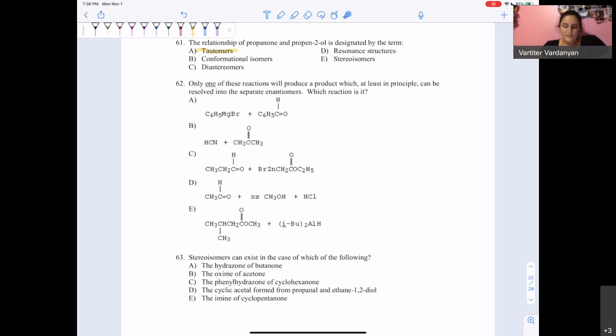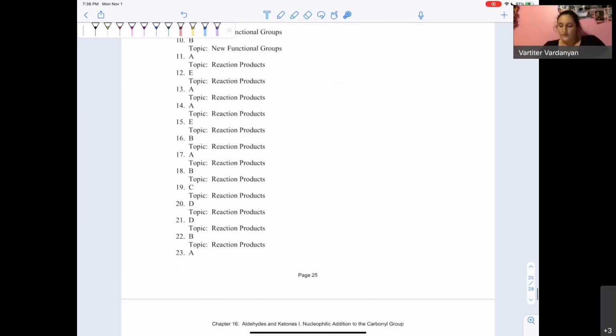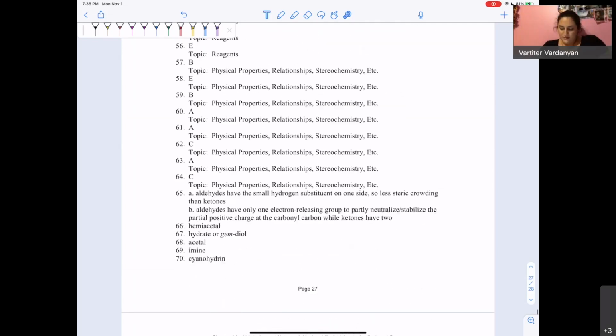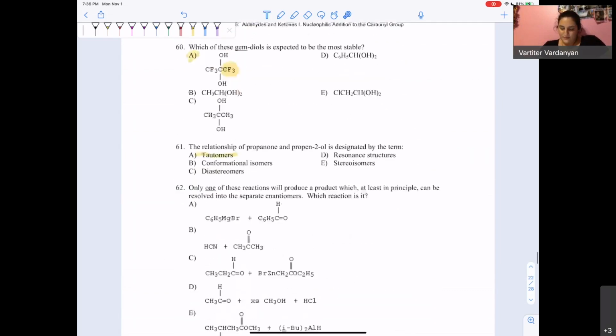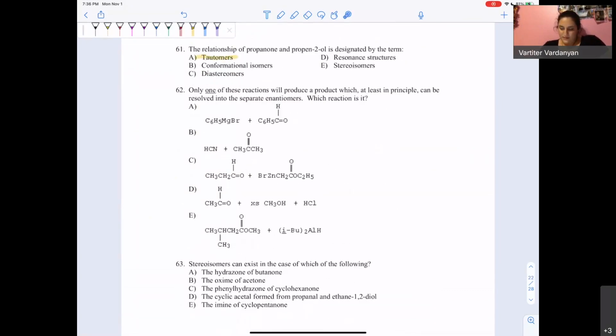What's the answer to the question though? Off the top of my head, I don't know. Let me see. 62C. Yeah, no, you don't need to know BRZN. That's a whole different reaction. I don't know why it's in this packet, but whatever.